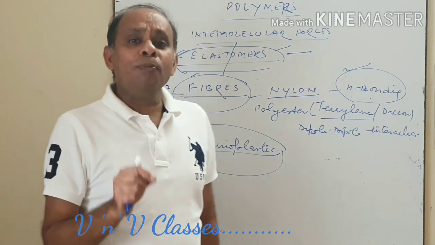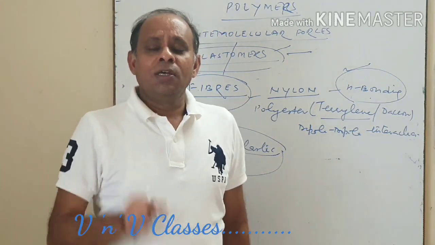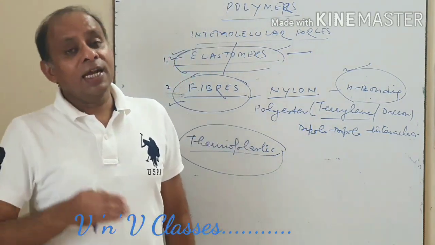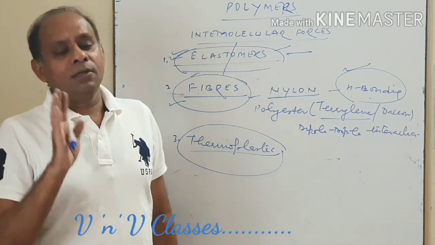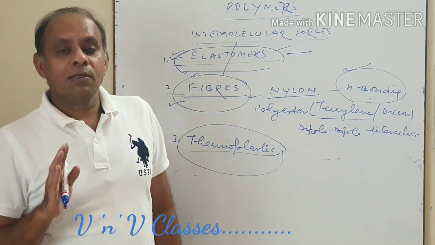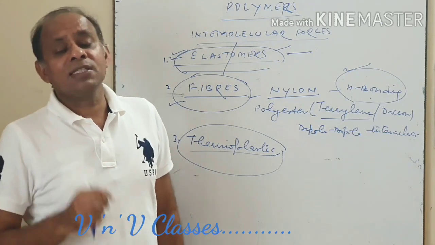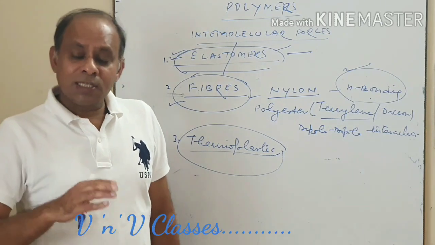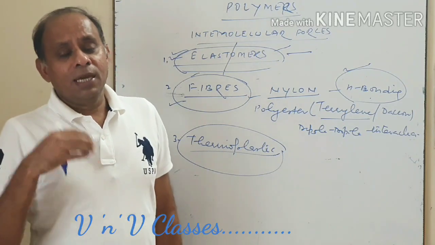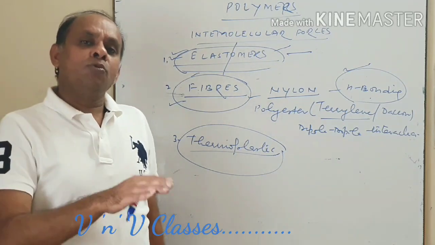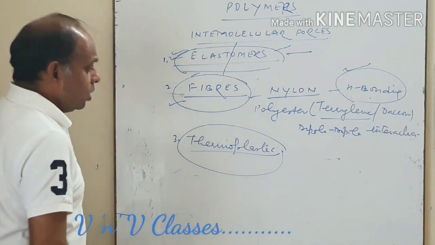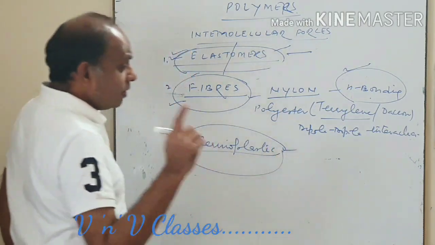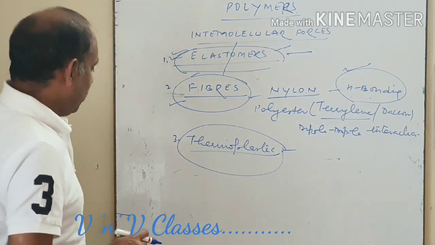When they are heated, they melt, and when they are cooled, they become hardened again, repeatedly. Polythene is the best example. It can be heated and remolded again many times. Many more examples are there, we will come to know later, but this is an important characteristic of thermoplastic.